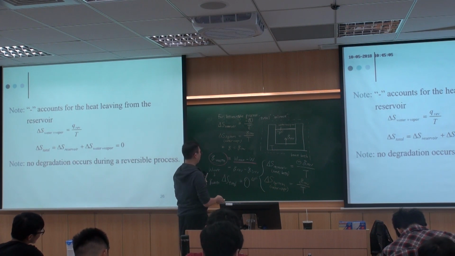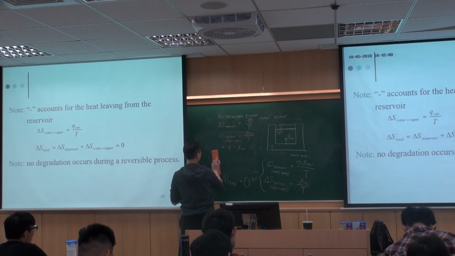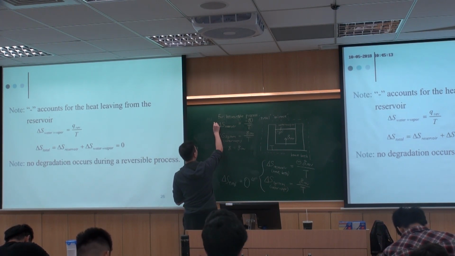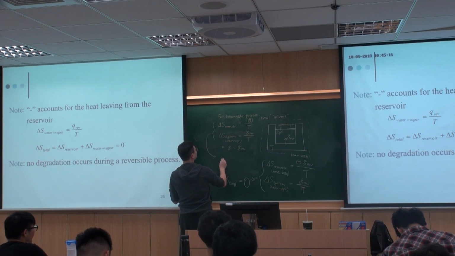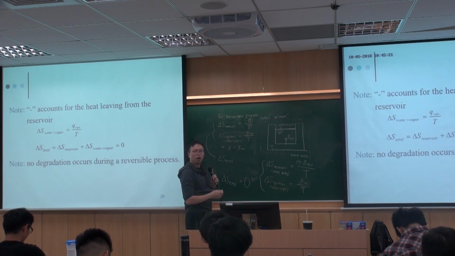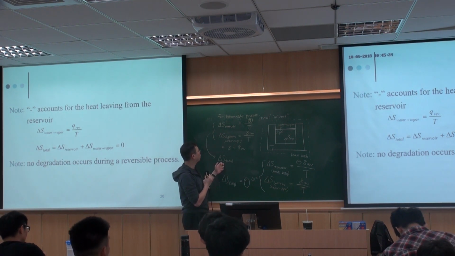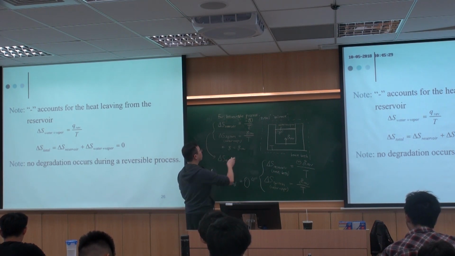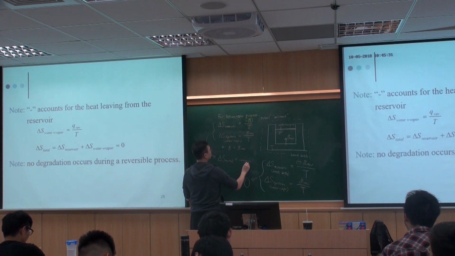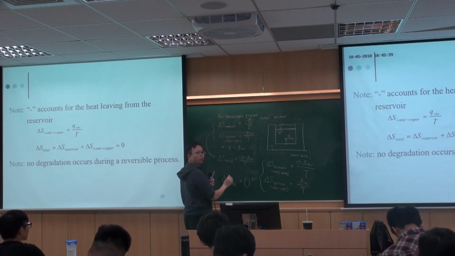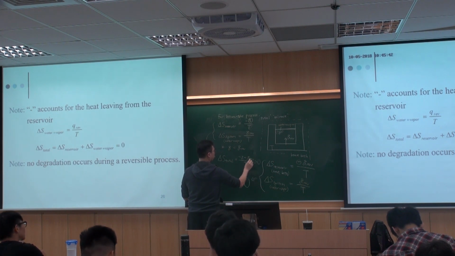So eventually, if you add these two together, the total change of entropy for the whole universe for the irreversible process will be something like this. And since Q reverse is greater than Q, this will be a positive number.